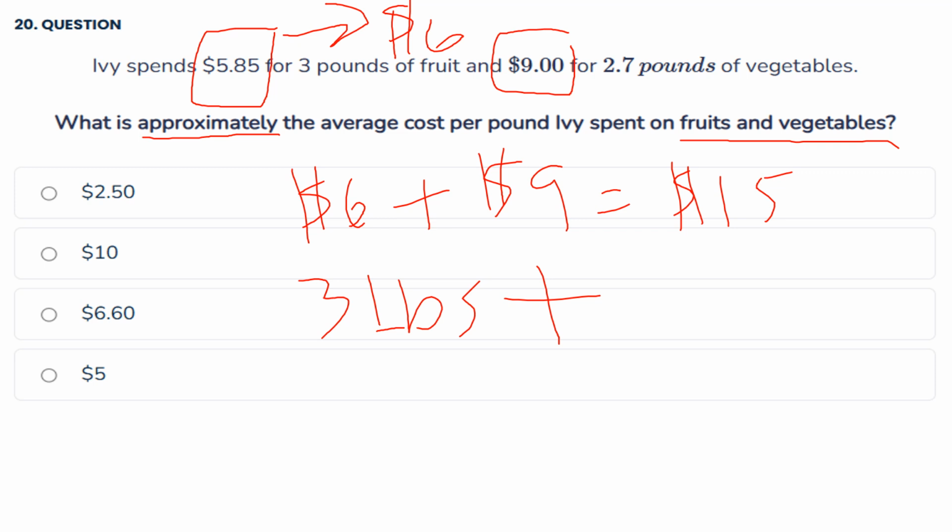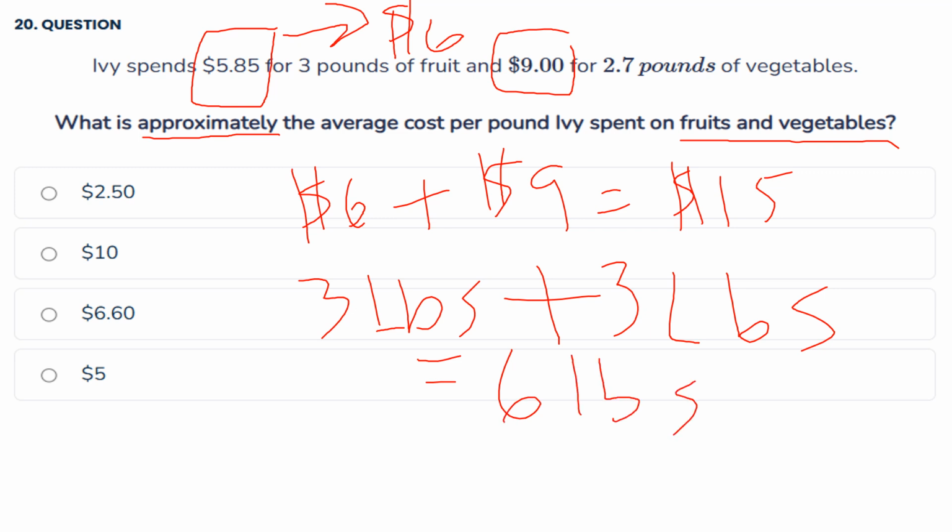So we need to round up that 2.7, and because we're rounding to the ones place, we look to the right of the 2, and because that number is 7, which is larger than 5 or above 5, we need to round up. So that's going to give us 3 pounds there. So now that we have 3 pounds plus 3 pounds, that means that the total pounds is going to be 6 pounds.